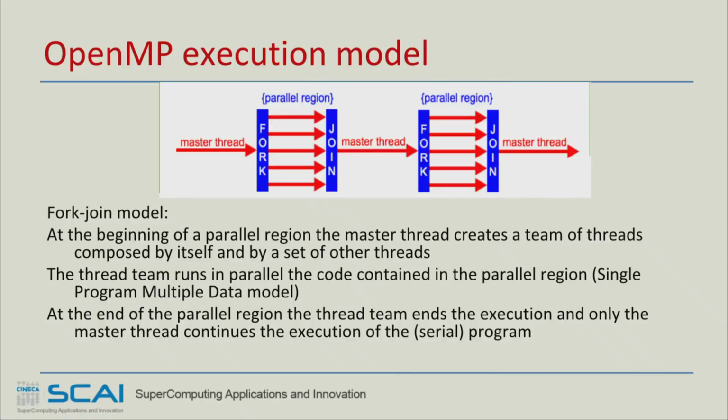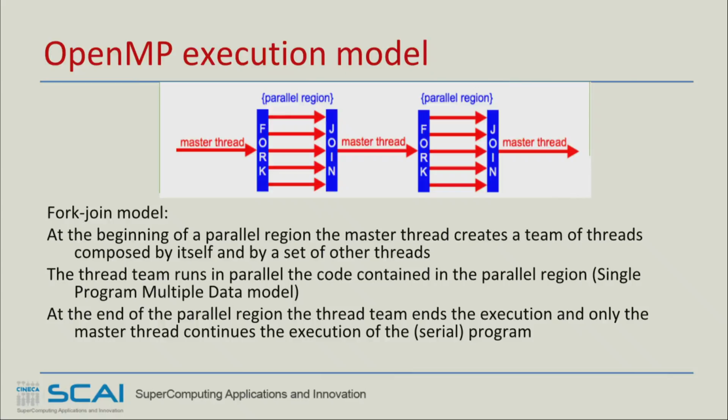Then I can make a parallel region in which I fork the execution. I can create several threads. Each thread can perform the execution in parallel of the code that is in this region that I just started. Then I can decide to stop the parallel region, and I will just join all the threads to recover the main thread or master thread.